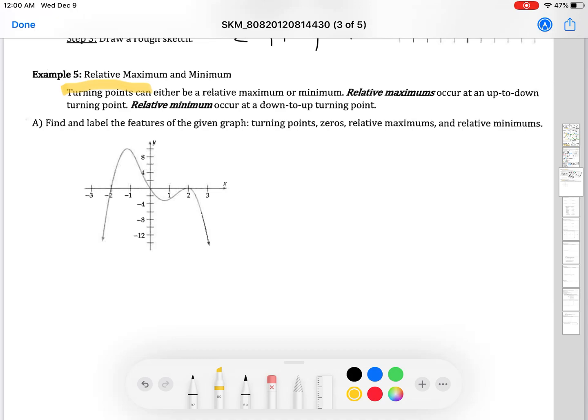Just to clarify, we would use Desmos to type in an equation for that. For these two points right here, these are relative maximums on this graph.